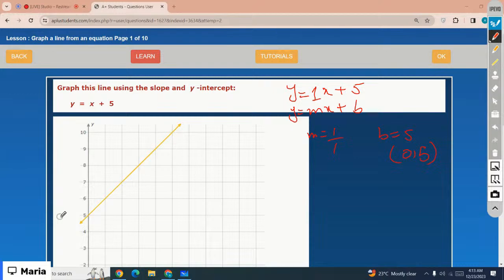So you can see option number 1 is the correct option. How is it? Because here is the point (0, 5) and the distance between the two consecutive points is 1 and 1, right? The correct option is option number 1. Got it?